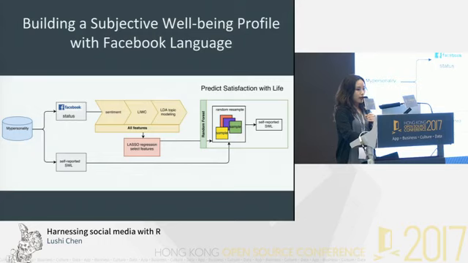Okay, so I will briefly introduce one of my earlier studies, which is to build a subjective well-being profile with Facebook language. What is subjective well-being? It's not like sentiment. Sentiment is part of it. That's what we call affect. Whether you feel happy or not at this moment, that is affect. Subjective well-being involves another component, we call it satisfaction with life. That is whether you are satisfied with your life. That's different.